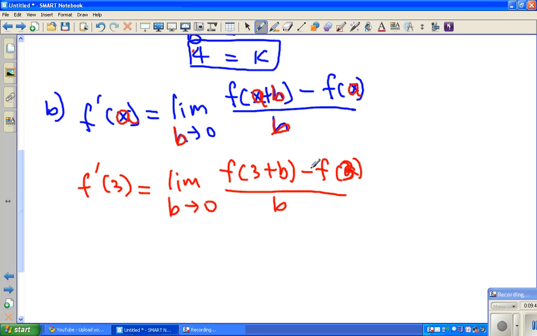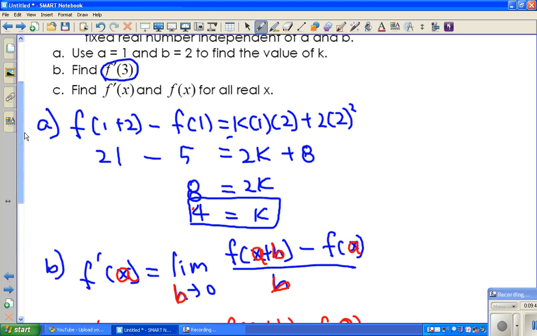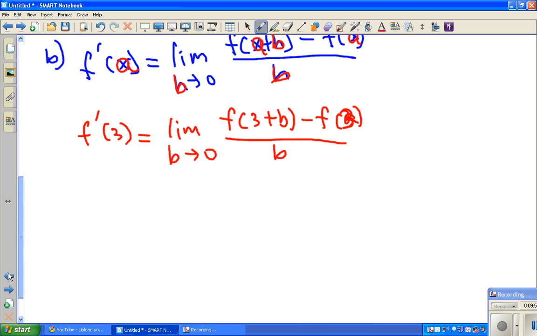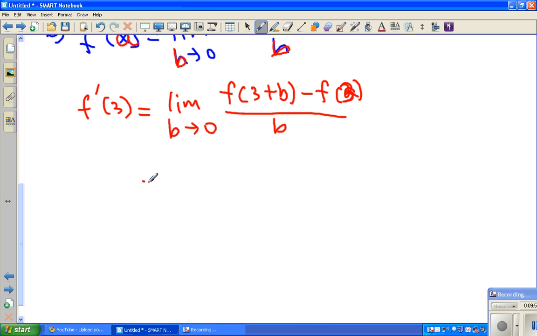Now you might wonder, how do you calculate the top portion? In fact, the top portion, they told us what it was already from here. So by putting this onto the location that's given here, we get the limit as b approaches 0.